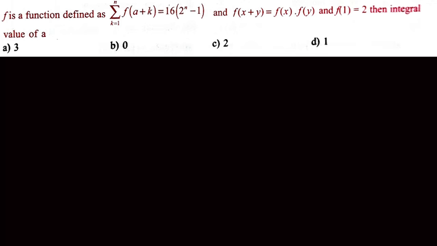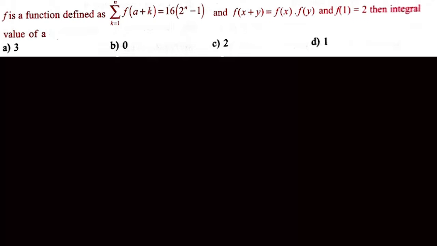Now it says f(x) is defined as f(x plus y) equals f(x) into f(y), and f(1) is 2, then find the integral value of a, if we are given this summation k varies from 1 to n f(a plus k) is equal to 16 into 2 to the power of n minus 1.